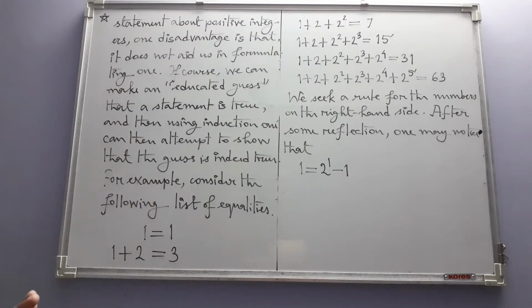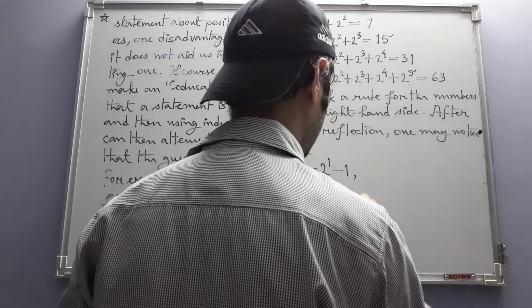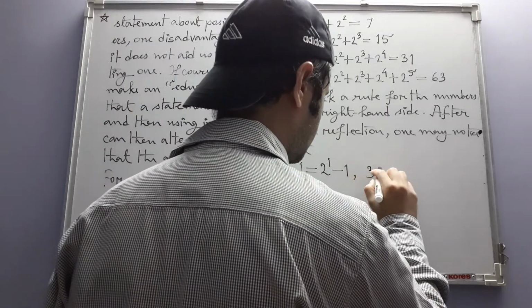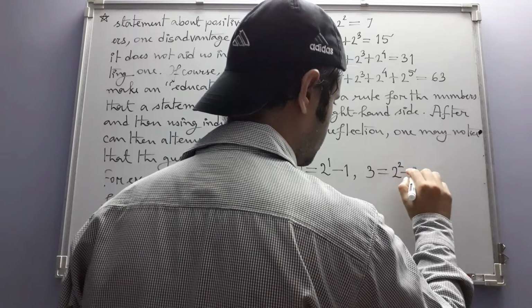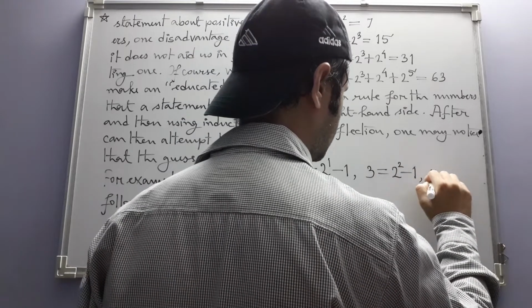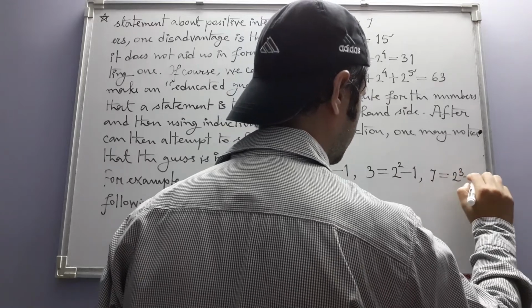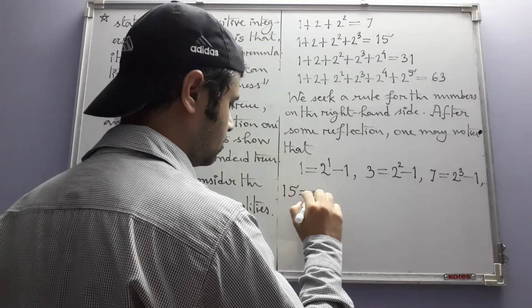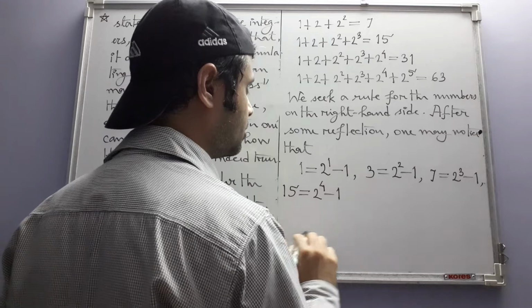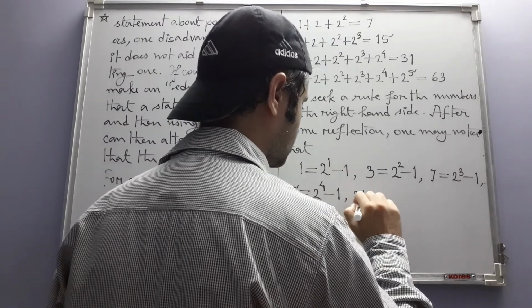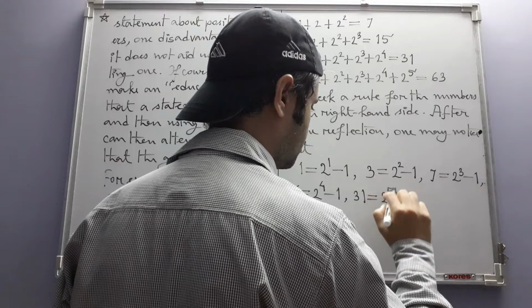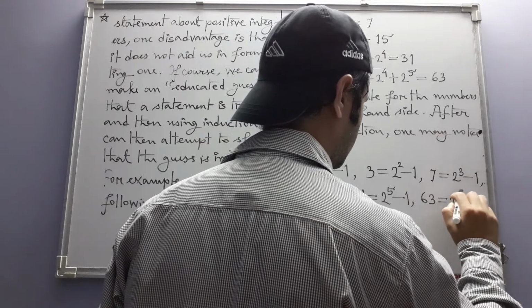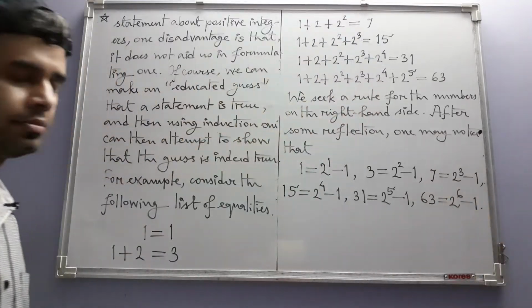One is 2 to the power 1 minus 1. After 1 we have 3. 3 is 2 square minus 1. 7 is 2 cube minus 1. Then 15 is 2 to the power 4 minus 1. 31 is 2 to the power 5 minus 1. 63 is 2 to the power 6 minus 1. Okay.